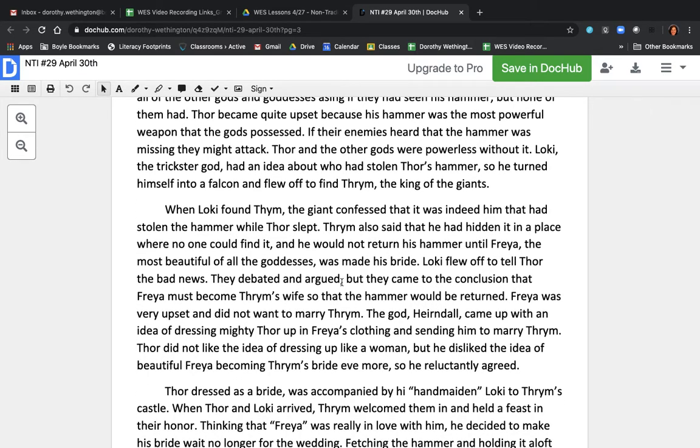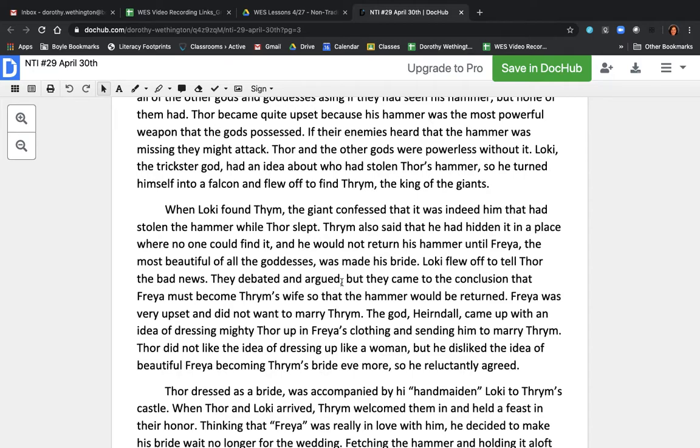When Loki found Thrym, the giant confessed that it was indeed him that had stolen the hammer while Thor slept. Thrym also said that he had hidden it in a place where no one could find it, and he would not return his hammer until Freya, the most beautiful of all the goddesses, was made his bride. Loki flew off to tell Thor the bad news.